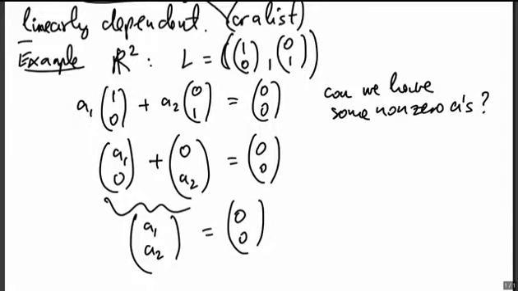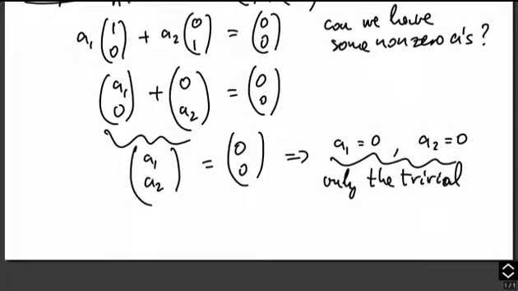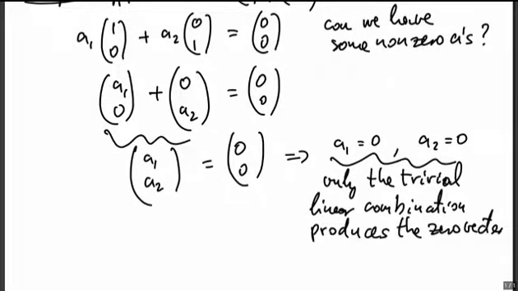That must be the 0 vector, if the linear combination gives the 0 vector. And we compare vectors component by component, so that means that a1 is 0 and a2 is 0. That means only the trivial linear combination produces the 0 vector.